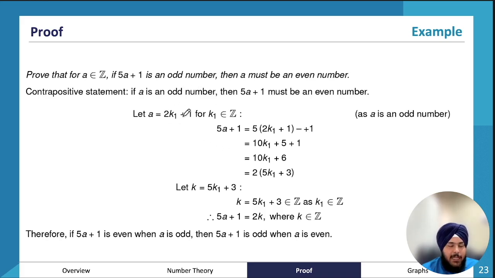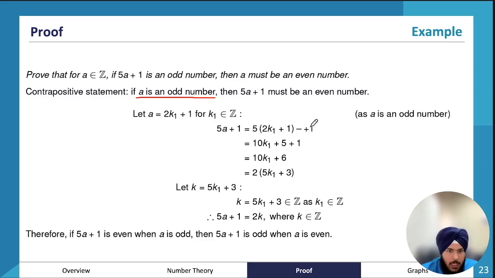Multiplying 2 by any integer plus 1, what we are assuming is that A is an odd number.